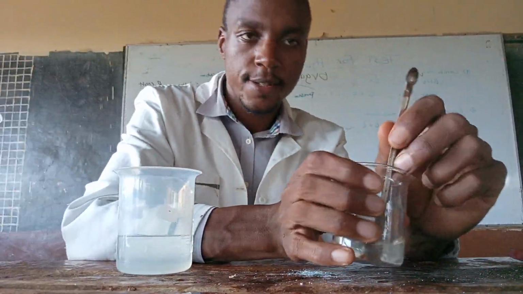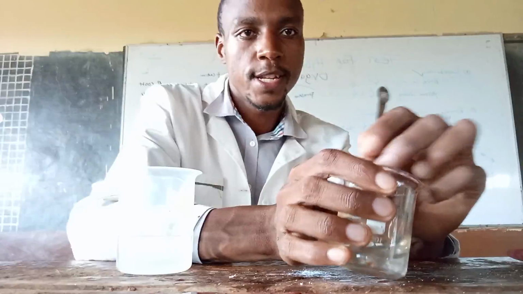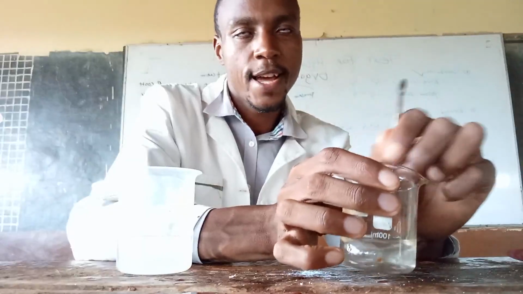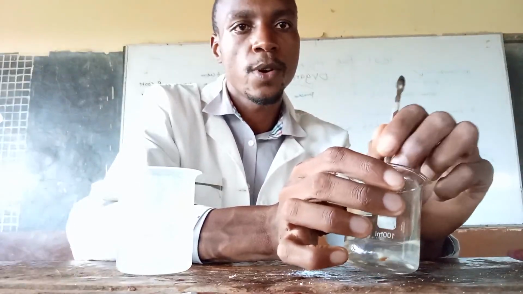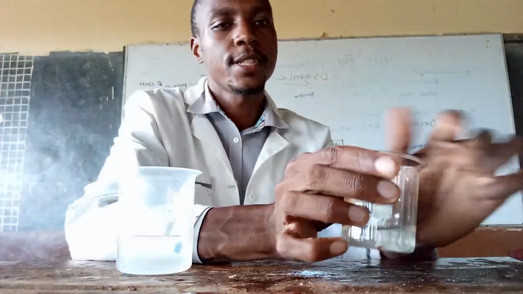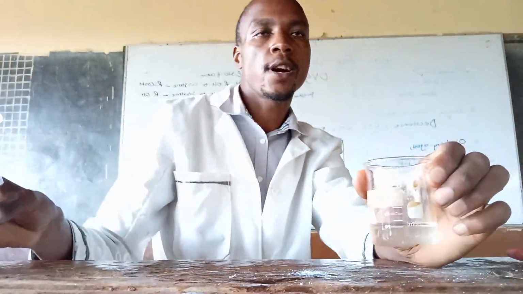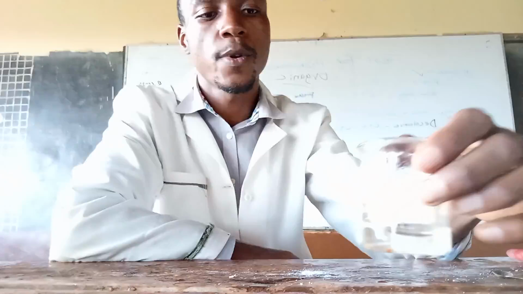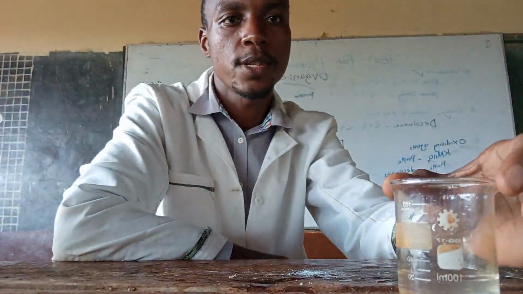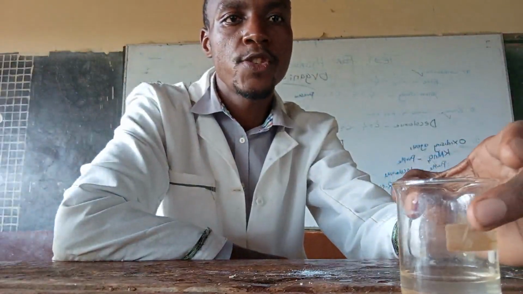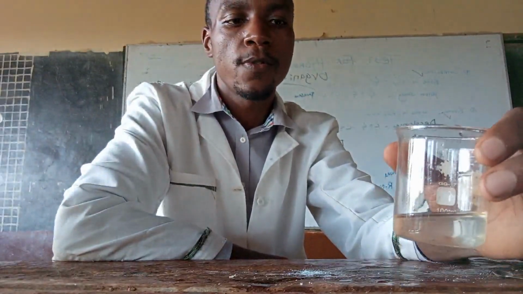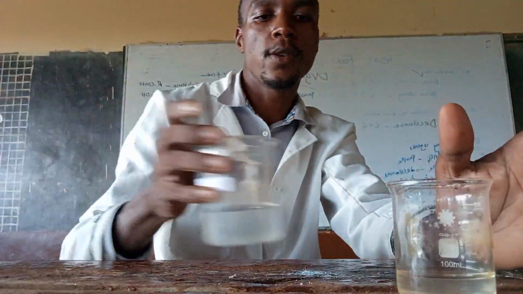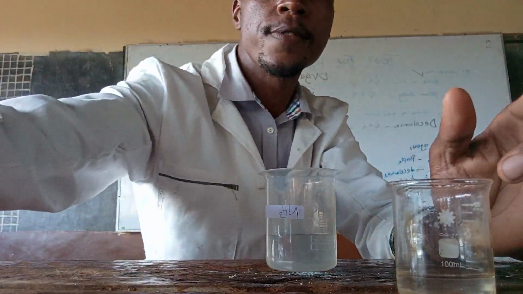Anytime you add a solid in water and it dissolves, we see that the salt is soluble, or a soluble salt is present. Unlike in organic chemistry, where we talk about miscible substances, in inorganic salts like calcium chloride, we talk of soluble salts.